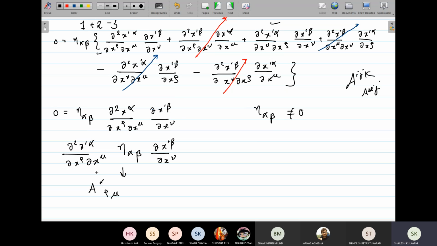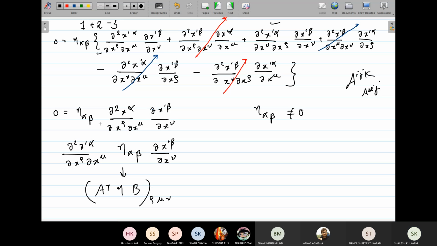Okay, so if you write this in the matrix notation, it will be like some matrix A, and alpha is summed over, so it is A transpose eta and some matrix B. Okay, which element? Alpha beta are summed over, so it's rho mu nu element. Okay, clear?